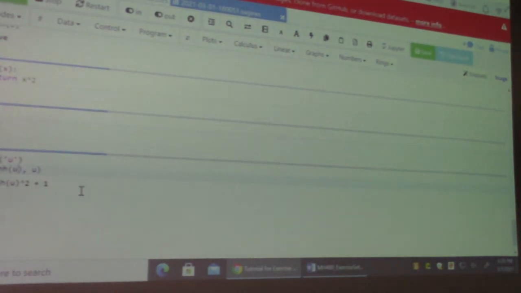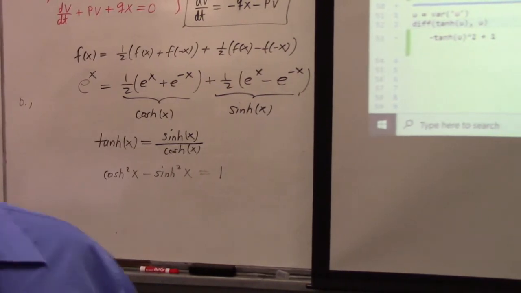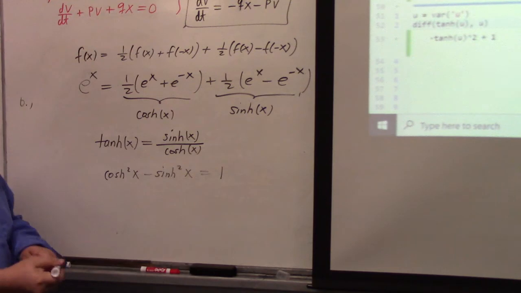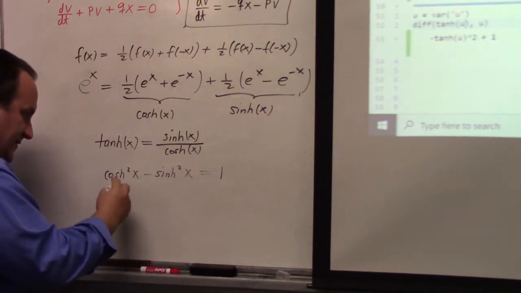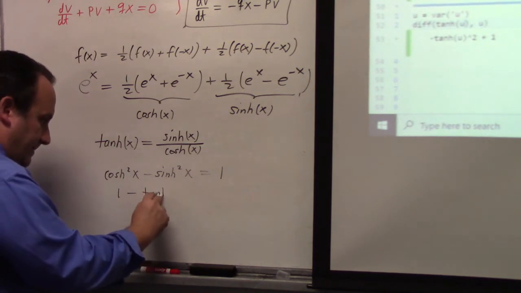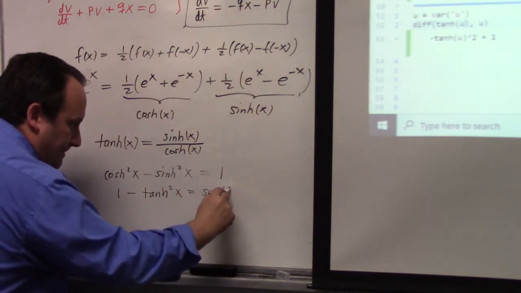here's the thing. Cosh squared minus sinh squared is equal to 1. So hyperbolic sine and hyperbolic cosine are a little bit quirky in the sense that they satisfy, instead of cosine squared plus sine squared being 1, cosh squared minus sinh squared being 1. So if you divide that by cosh squared, you get 1 minus tanh squared equals hyperbolic secant squared.